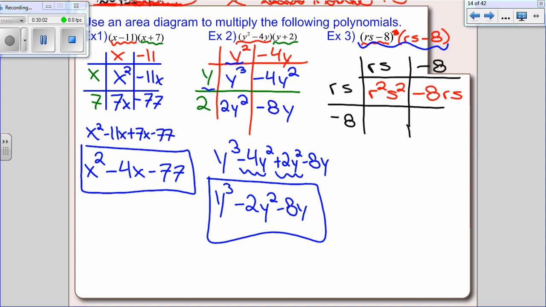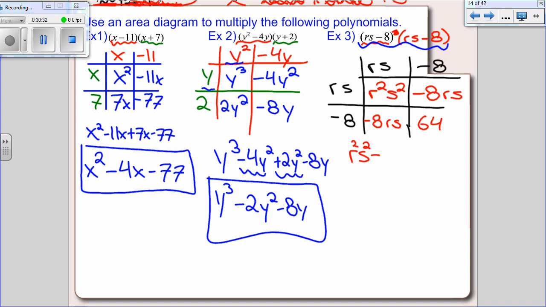Any questions about that area diagram, because there's some tricks to that. All right, take the inside, all the stuff in the red, write it out in one big sentence. You can find any like terms that you have.